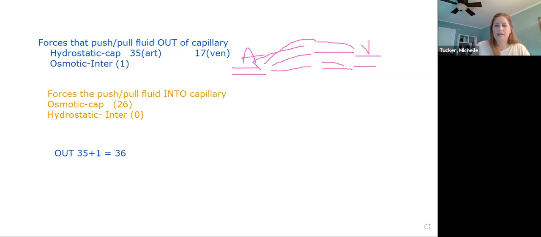So we're going to have fluid moving out on the arterial side and moving in on the venule side. The question is, why does this occur? It's because you are going to look at the forces out minus the forces in. So on the arterial side, the pressure that's out is 36 millimeters mercury.